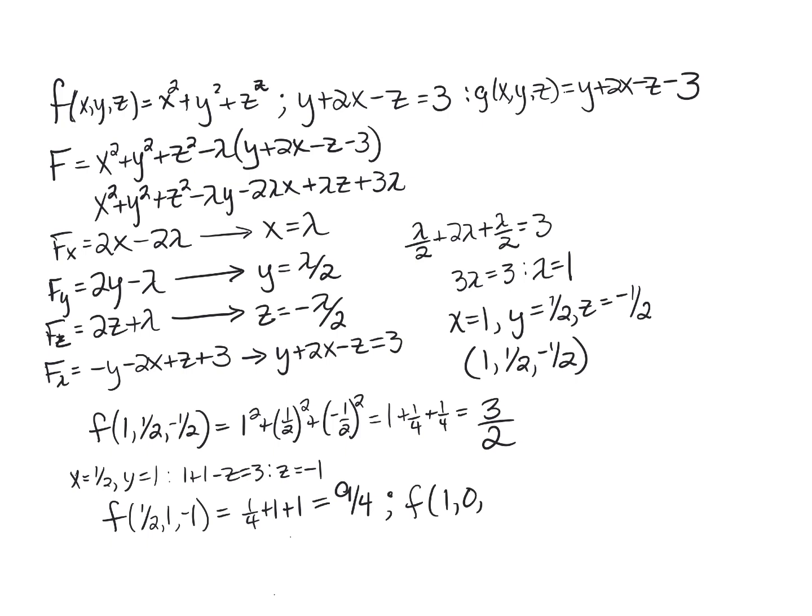Let's find another point in the area. What if x is 1 and y is 0? Plug that into the original constraint to get the z value, and I get z equals negative 1. You see how that's very close.